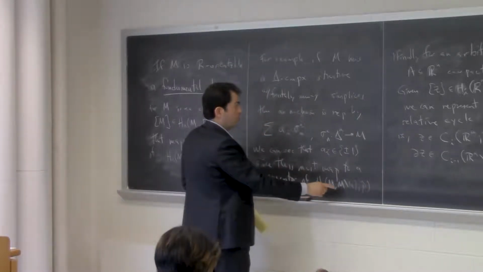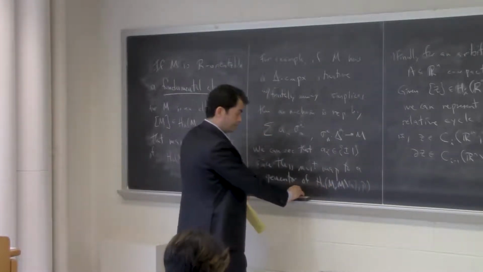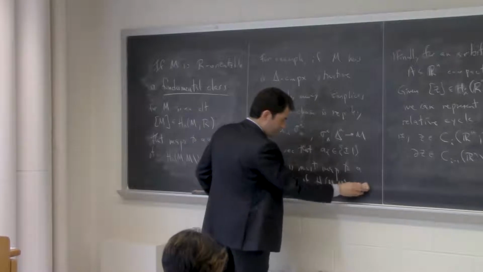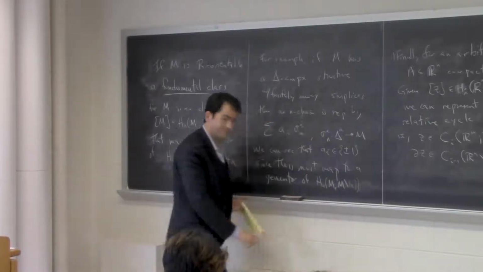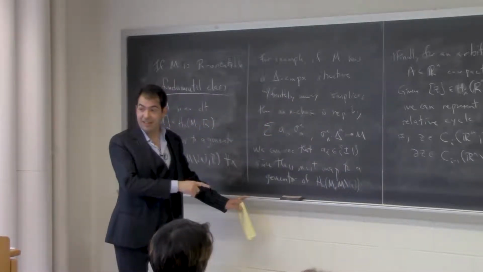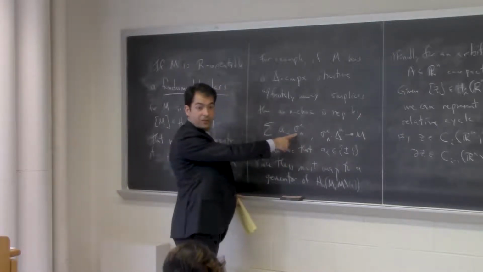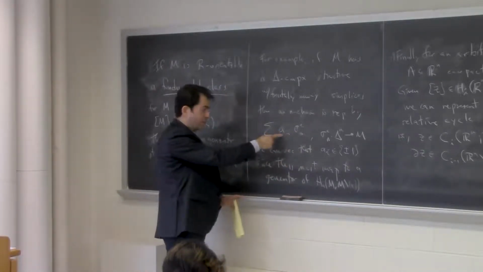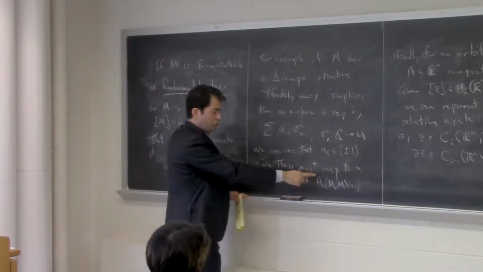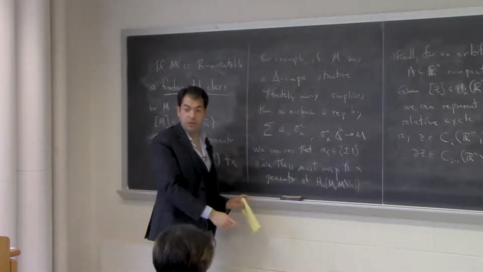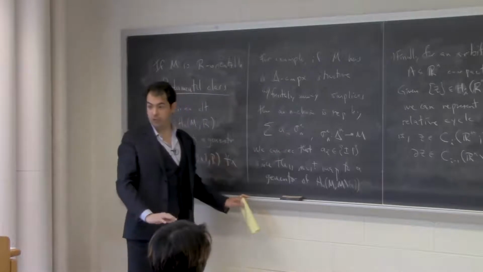Let's go with integer coefficients so I don't get confused. And just pick an x in the image of the interior of this. So then the only one that will matter is its coefficient. So it has to map to plus or minus 1, so that coefficient must be plus or minus 1.